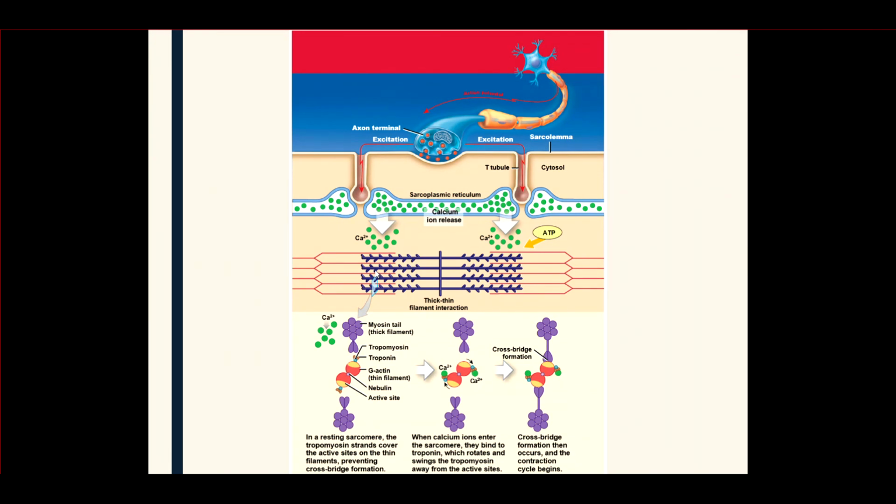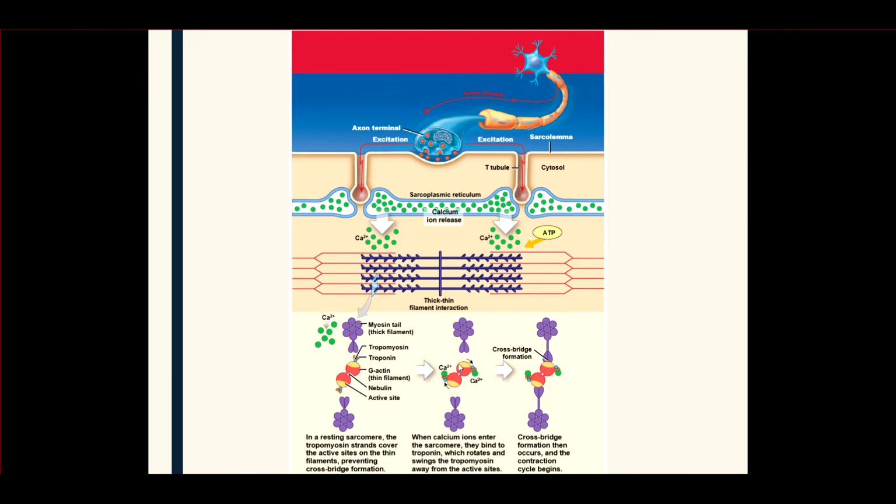Now, the calcium is going to bind to troponin, which is one of the regulatory proteins on actin. In the relaxed state the troponin and the tropomyosin are covering the active site. Once the calcium binds to the troponin, it's important that you know the troponin physically changes its shape, pulling the tropomyosin away from the active site.